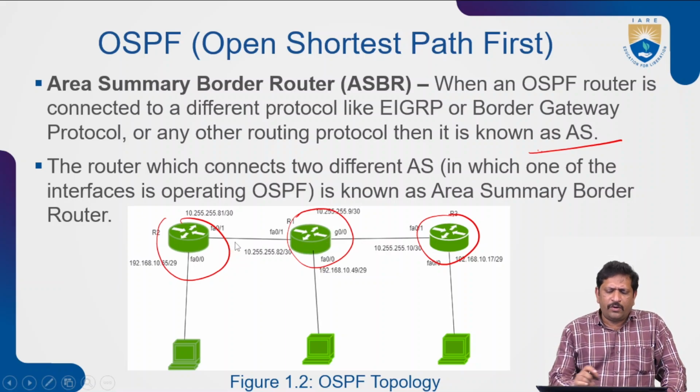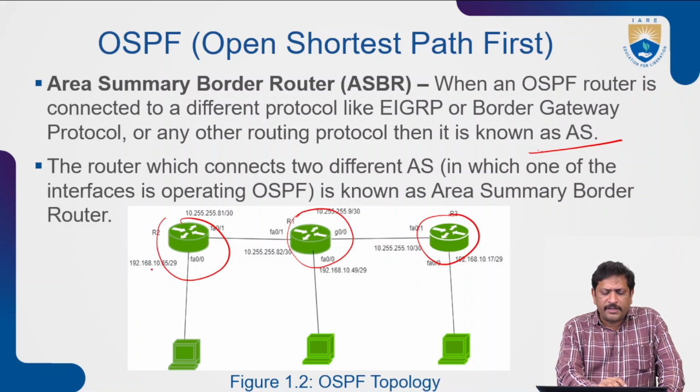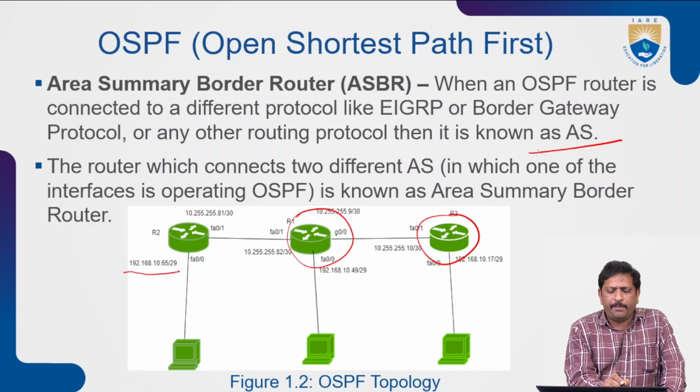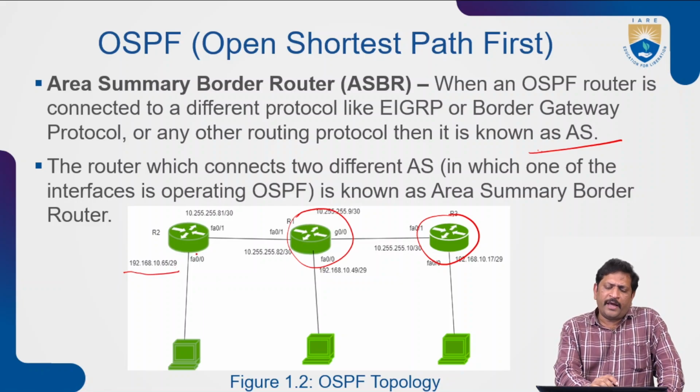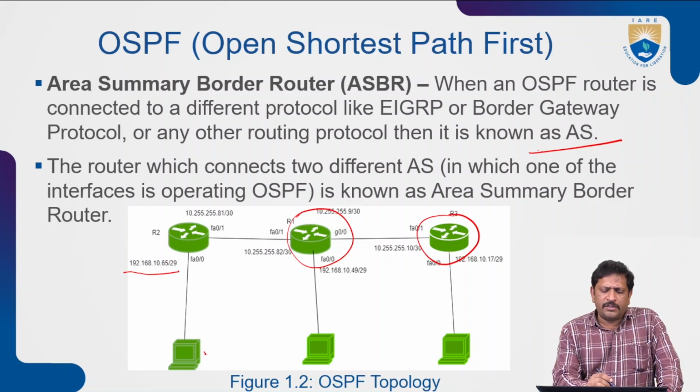So these are the routers which are connected to 192.168.10.65, the IP address, with /29. These are the devices. This other device has the IP address 192.168.10.65, so it can be connected with the help of the FA0/0 interface.